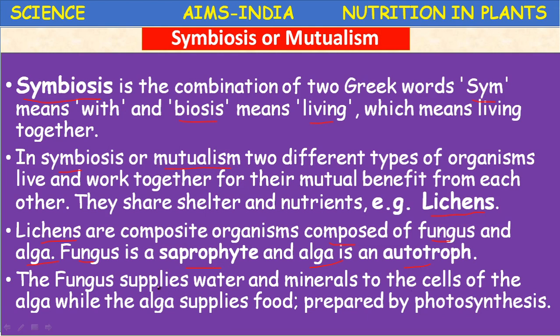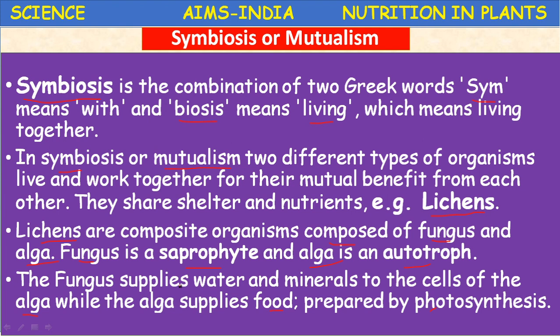What will the fungus do? The fungus supplies water and minerals to the cells of the alga, whereas the alga provides food and shelter to the fungus. The alga supplies food prepared by photosynthesis, because algae are green in color, containing chlorophyll.